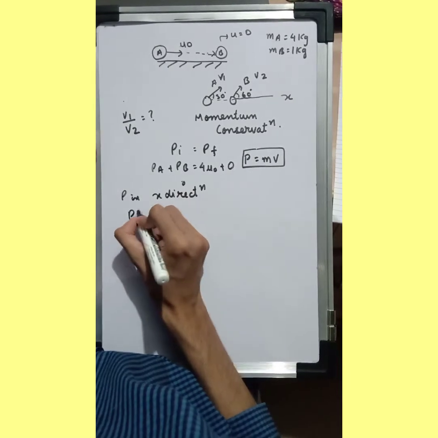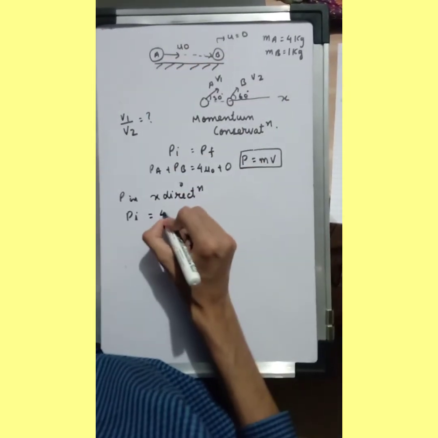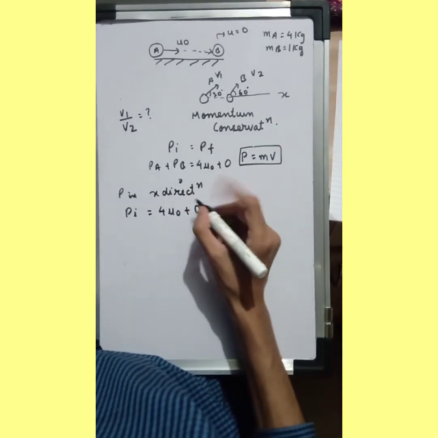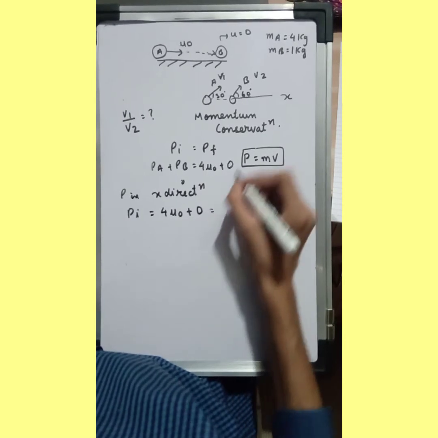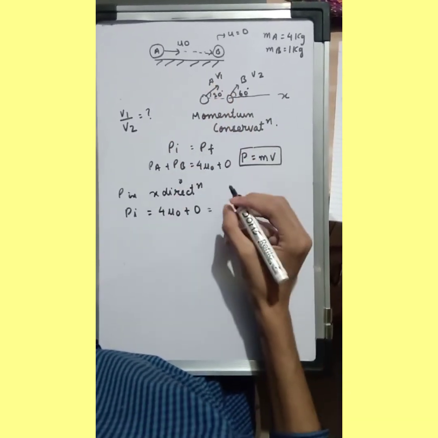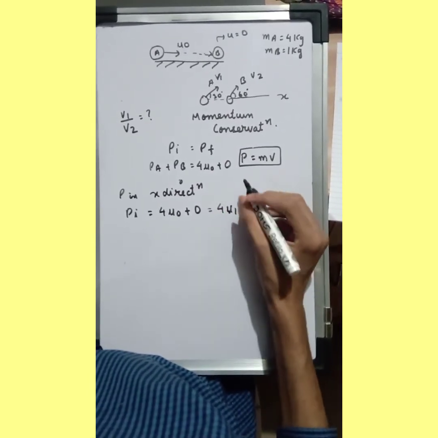Initially momentum is just 4 into u naught, which is the velocity in x direction, plus 0, which is the velocity of B into its mass. And finally, if we resolve this v1, it will be v1 cos theta. So mass of A into v1 cos theta, it will be 4 v1 cos 30.